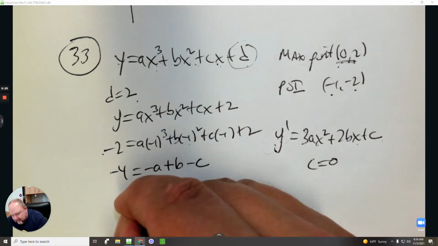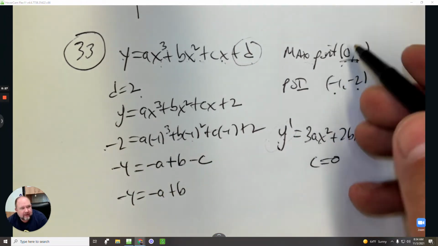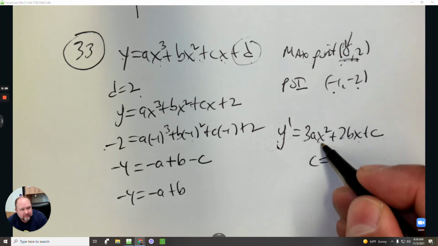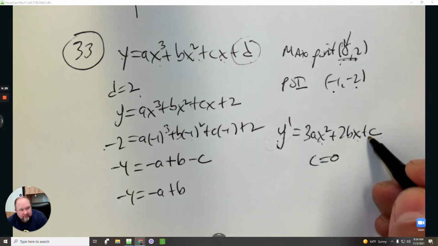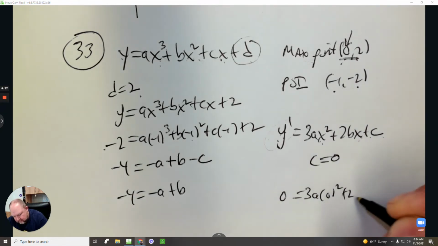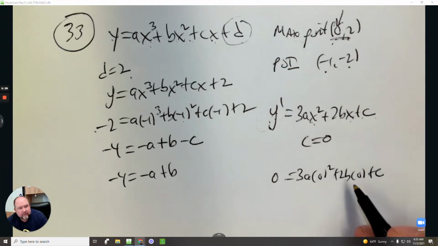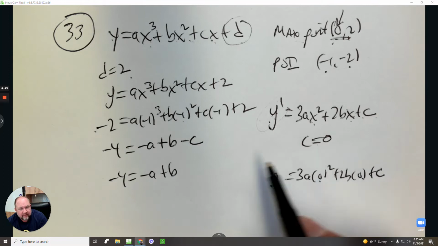So because of that, I now have negative 4, negative a plus b. So again, I plug in 0, and I make it equal to 0, and recognize what the answer is. So if I plug in 0 and make the derivative equal to 0, that's what c equals.